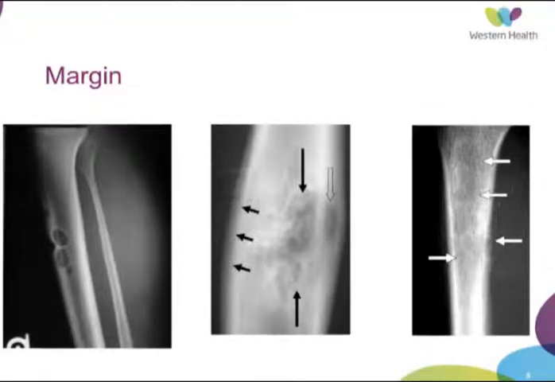So if they have very well-defined margins, you can be much less concerned, versus a wide margin to no margin, where there's no differentiation between where normal and abnormal tissue stops. So like I said, having good plain film X-rays can be very, very important, and we'll talk about it a bit more.